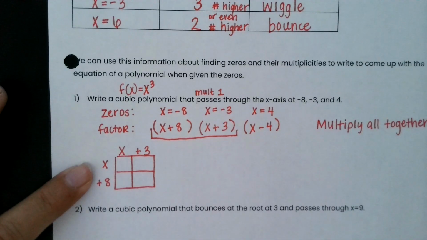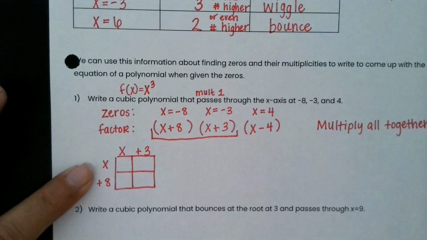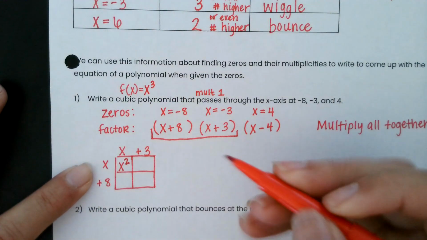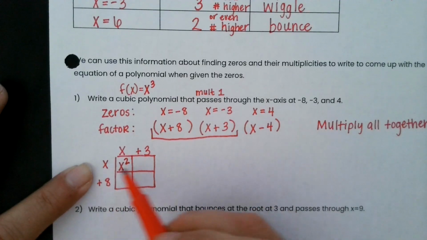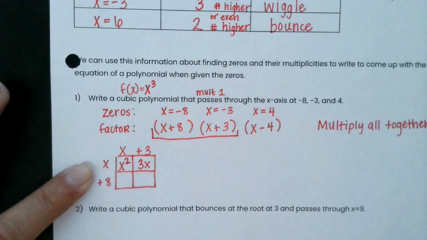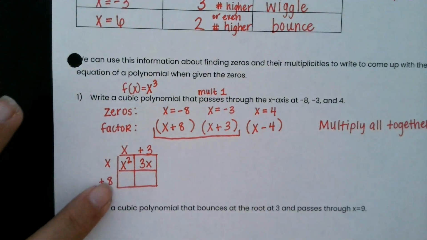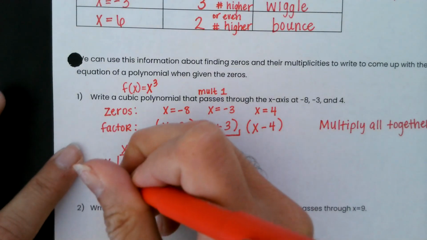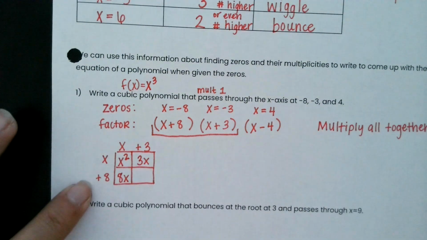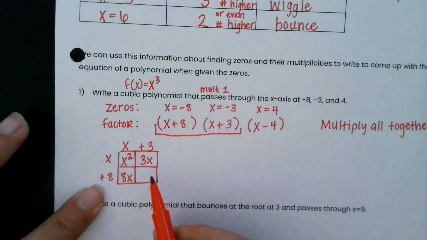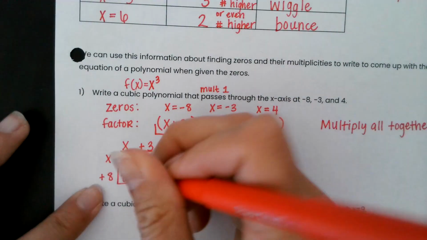So x times x is x squared. 3 times x is 3x. This square right here is an 8 times an x, which is 8x. And then we got to do the numbers. What's 8 times 3? 24.